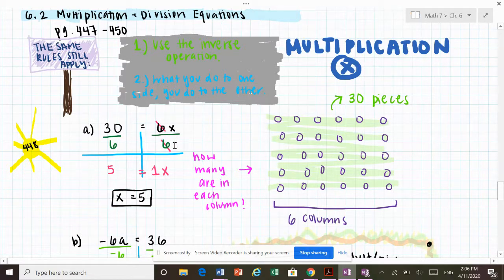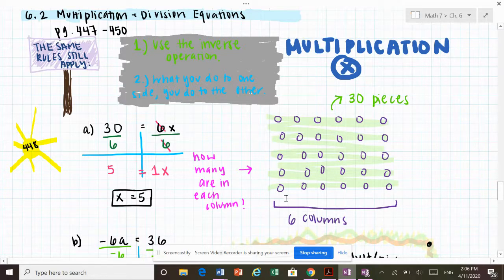So if I divide by 6 here, I'm going to divide by 6 on the left. That's going to give me 30 divided by 6 is 5. And 6x divided by 6 is 1x. If this is kind of confusing, I put a visual diagram right here. I put 30 circles and needed to divide them into 6 groups.